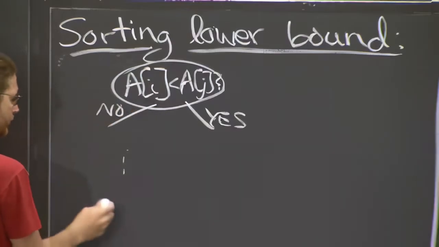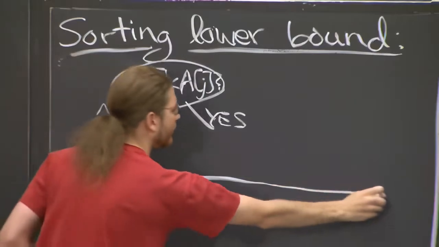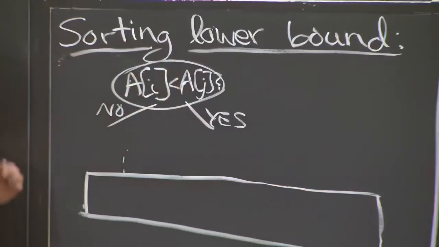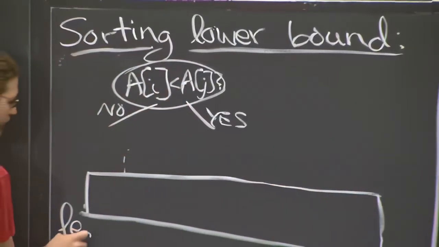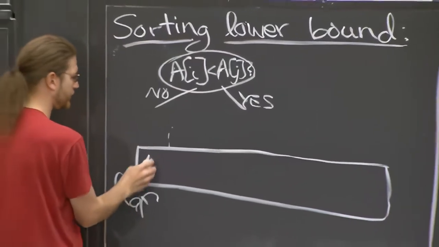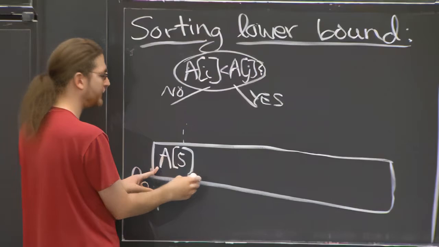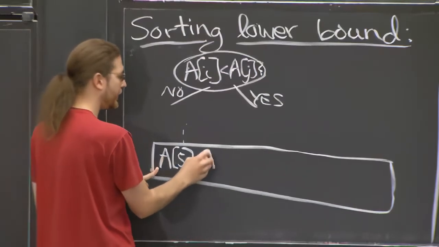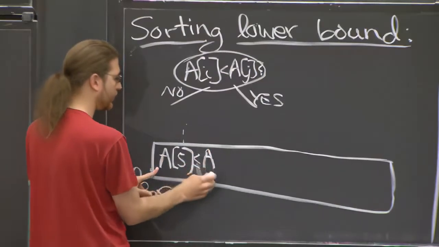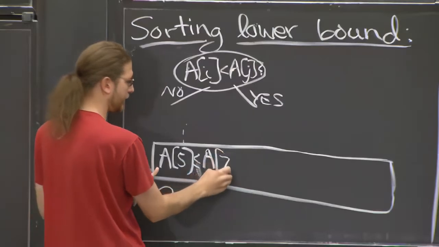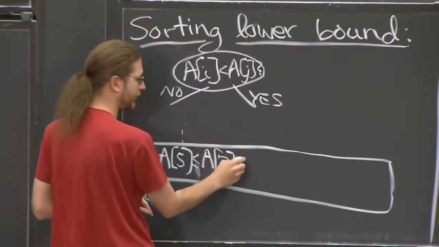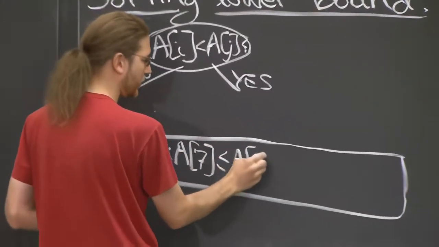And then when you get down to a leaf, this is the interesting part. A leaf will look like this. I took the original A5, and that turned out to be the smallest element. Then I have A7, that turned out to be the next smallest element. Then A1.